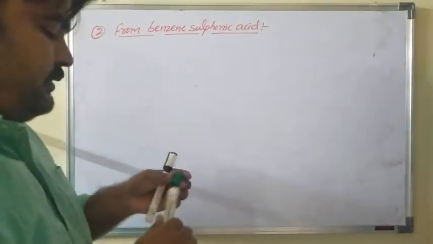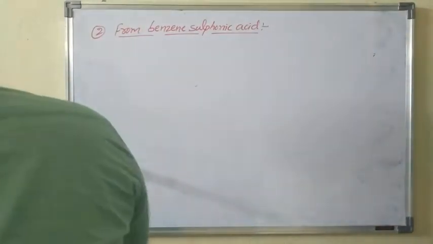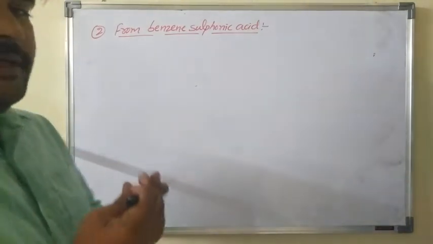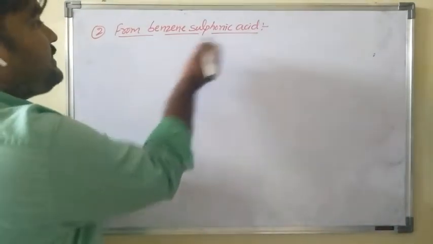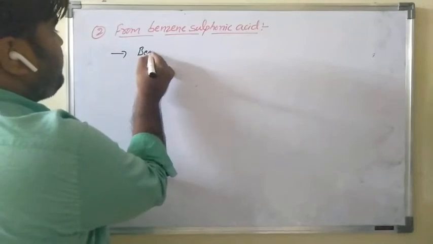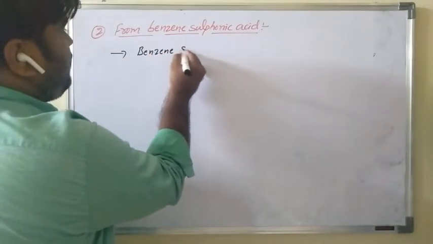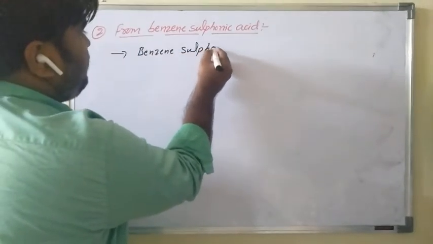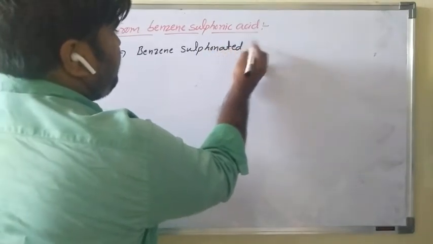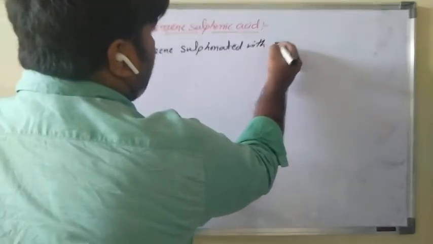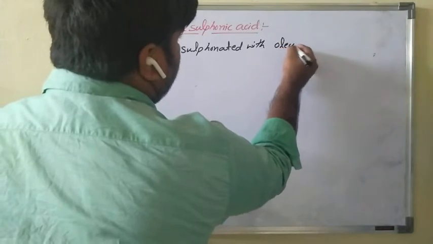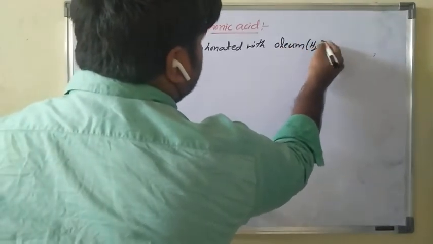Benzene is sulfonated. From benzene sulfonic acid, benzene is sulfonated with oleum, molecular formula H2S2O7.